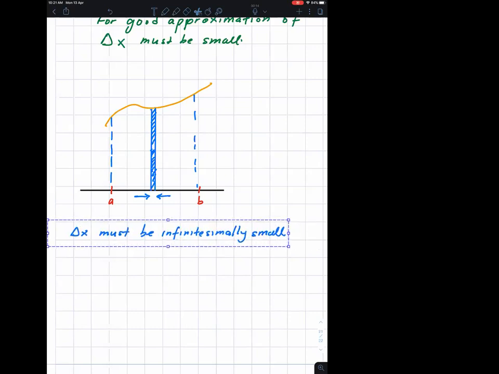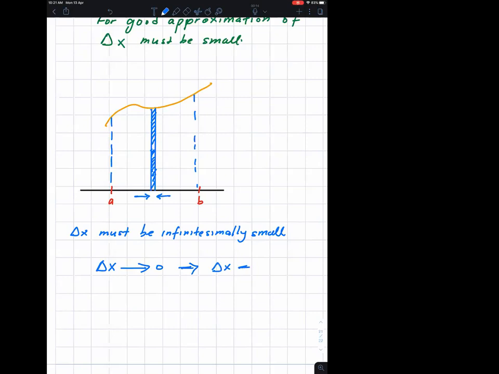That is, it's like saying delta x goes to approximately 0, going to 0 approximately.